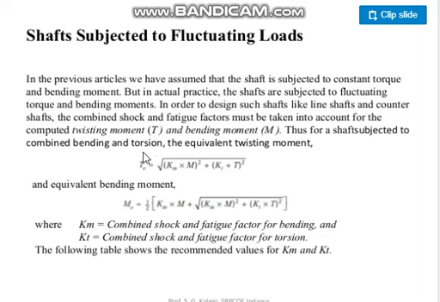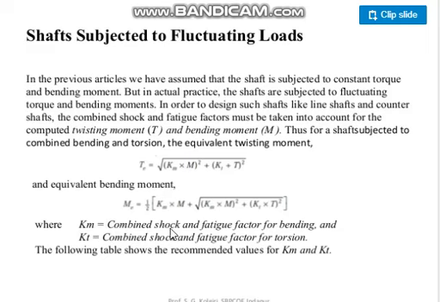Thus, for a shaft subjected to combined bending and torsion, the equivalent twisting moment is, we know, Te equal to square root of M square plus T square. But instead of M, we are multiplying it by a factor Km, capital K and suffix m, and T by Kt. What is Km?